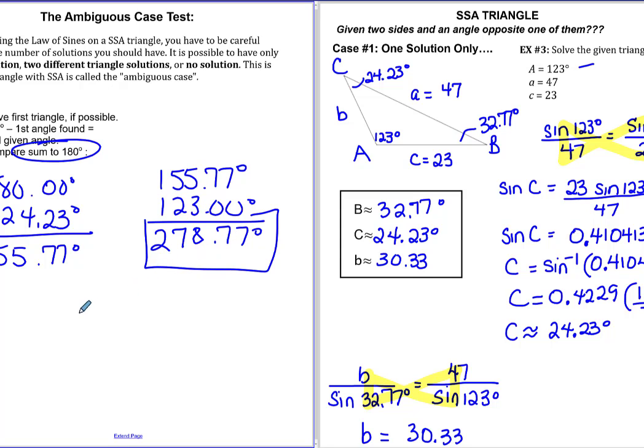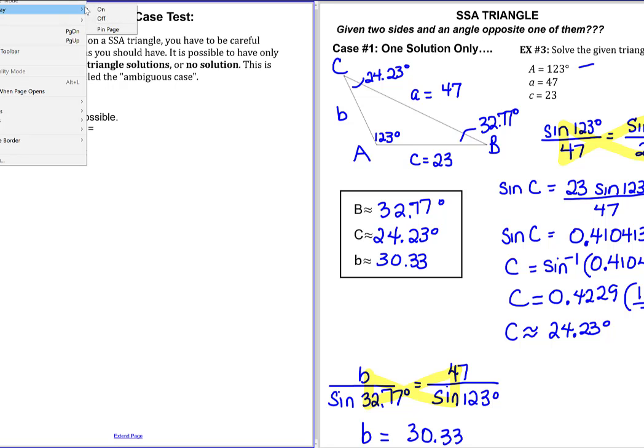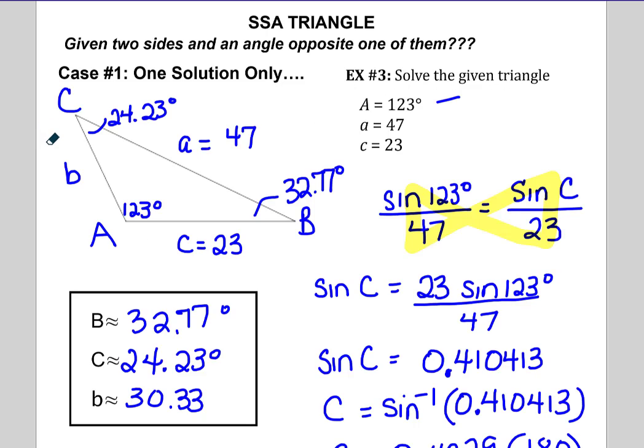So that tells me because 278 is bigger than 180, I get one triangle, and that's it for that one. So this has one triangle only, and we were told it just had one triangle. Okay? So now let's go on to the next one.